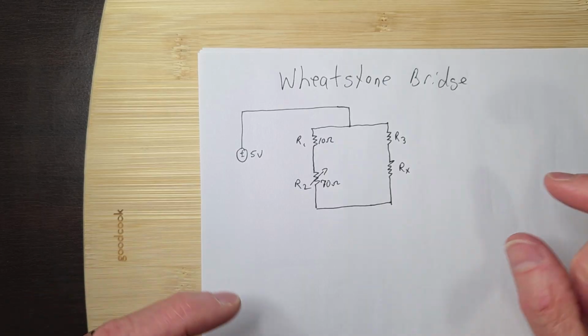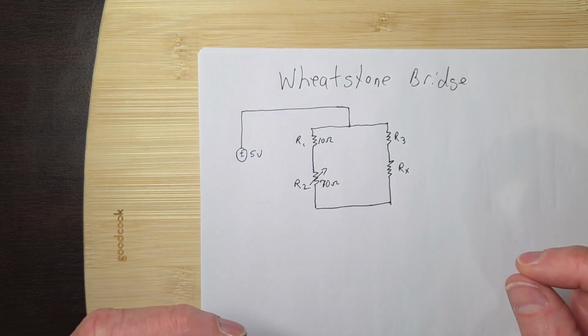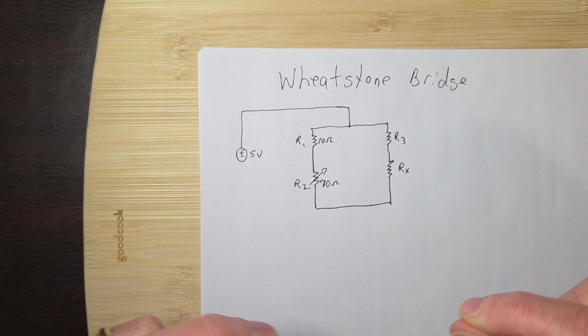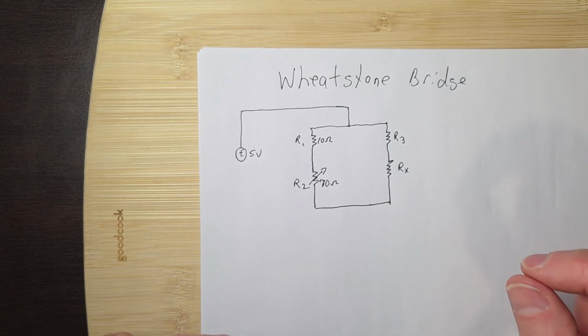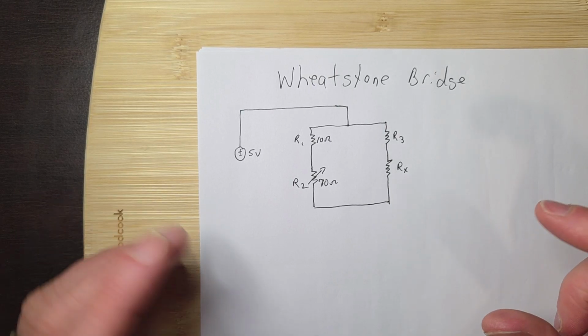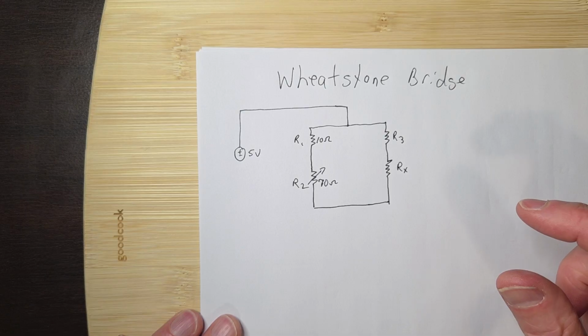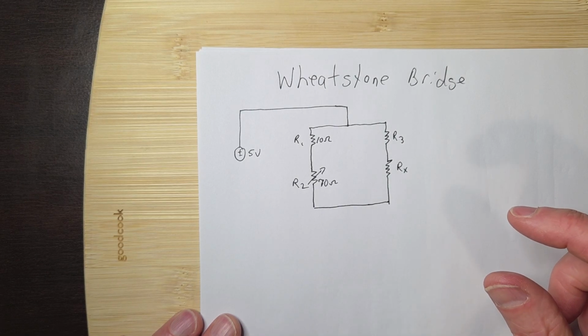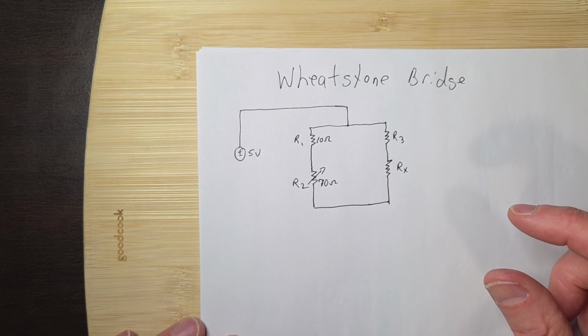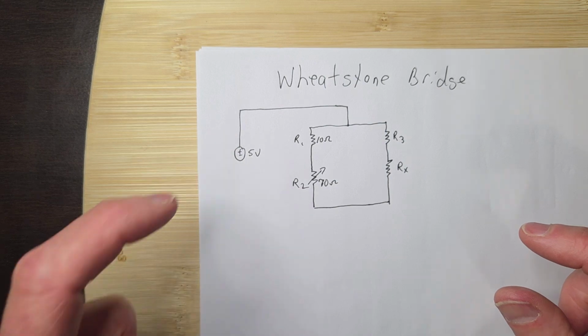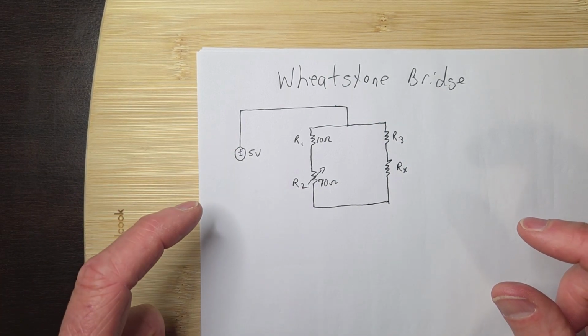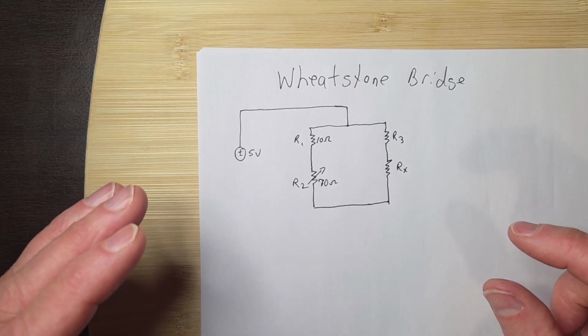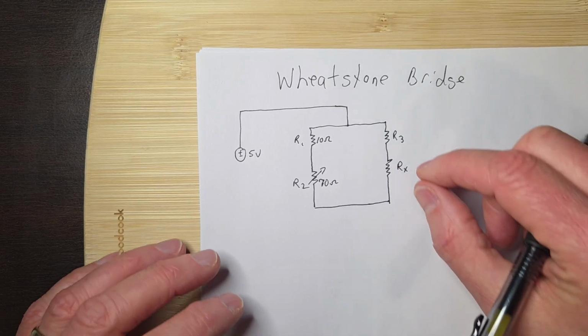A strain gauge is just a neat little resistance thing where if you bend it or stretch it, it'll change its resistance. I don't really have one handy to show you, but I do remember a long time ago in college I worked on a project. I didn't get to follow all the way through, but we used a Wheatstone Bridge inside of a model rocket, and we had a strain gauge in there where a piece of metal would bend and change the resistance.